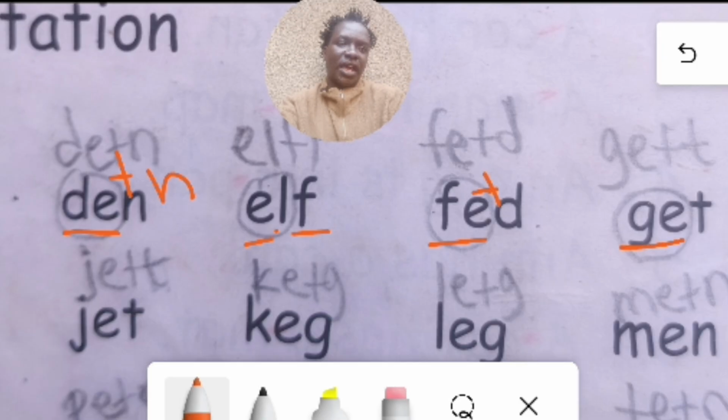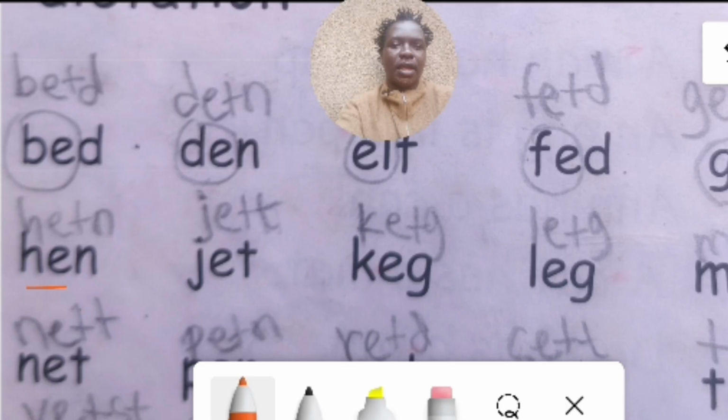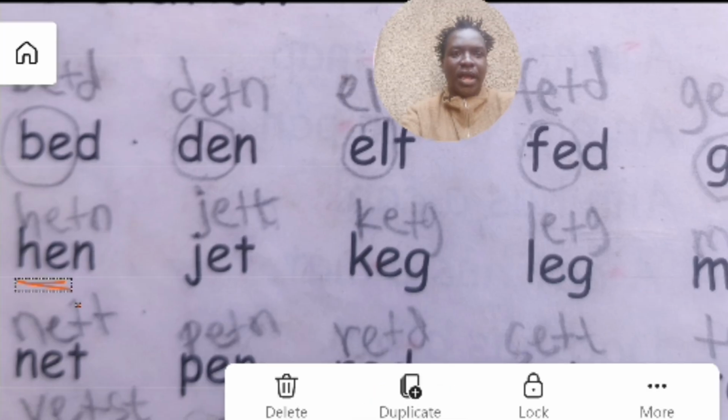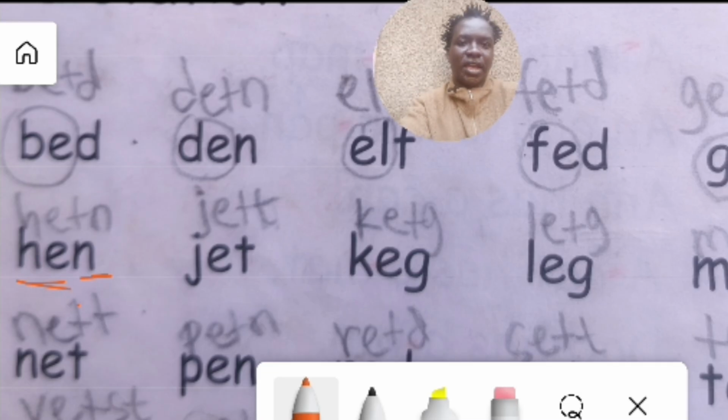G, A, okay, that is ge, plus T, that is get. This one is H, with N, it becomes hen. And then J, A, that is je, plus this T, that is jet.